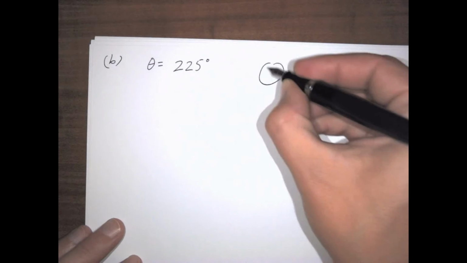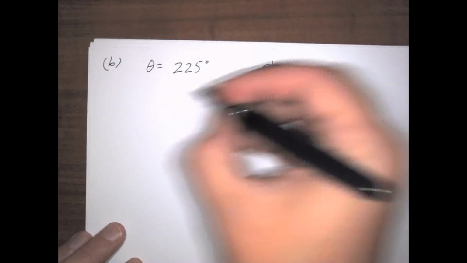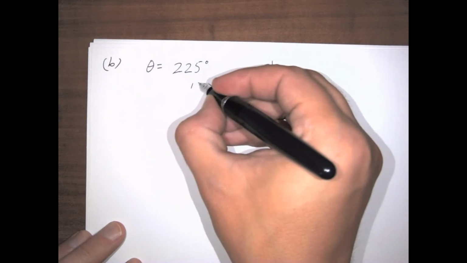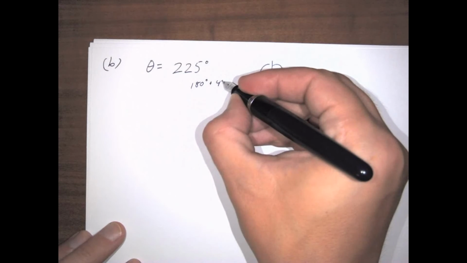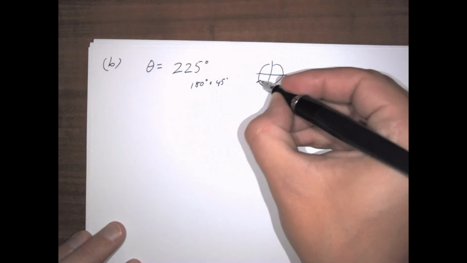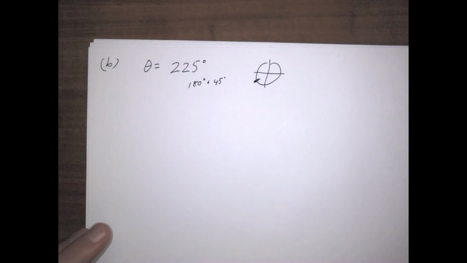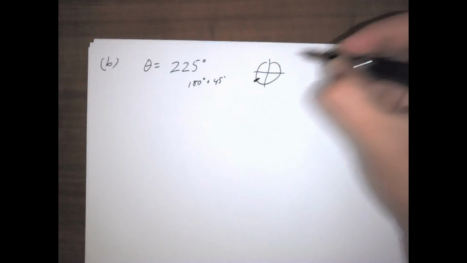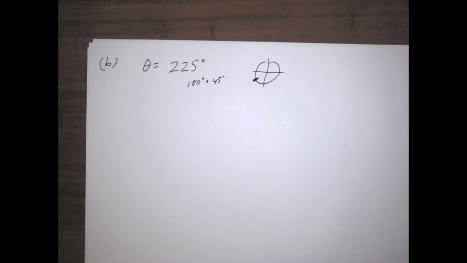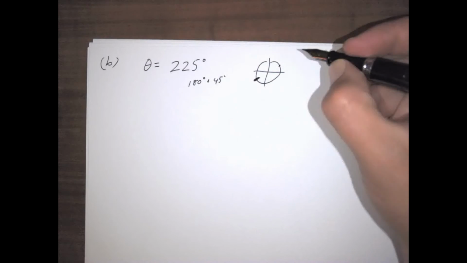All right, so first off, where is that? That's 180 plus an extra 45. So that means we're talking about it right here, right in the middle there. Now that is a mirror image of the point up here that we're more familiar with.